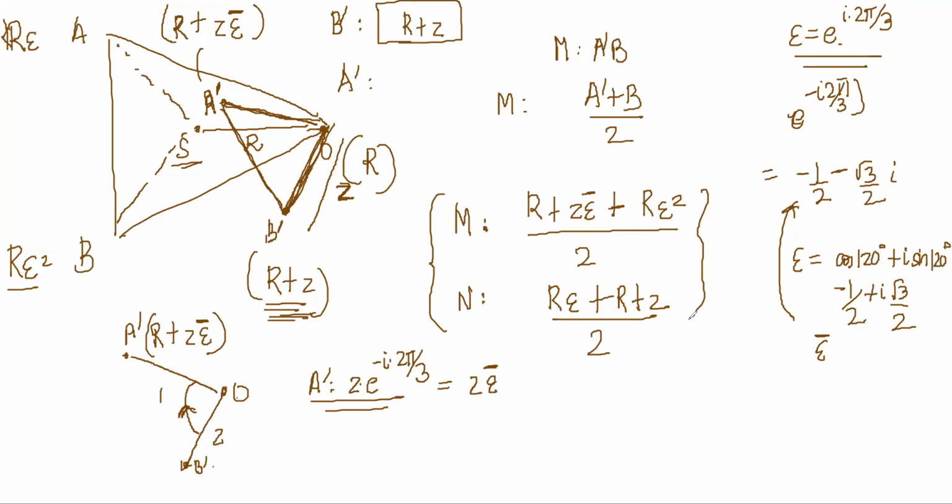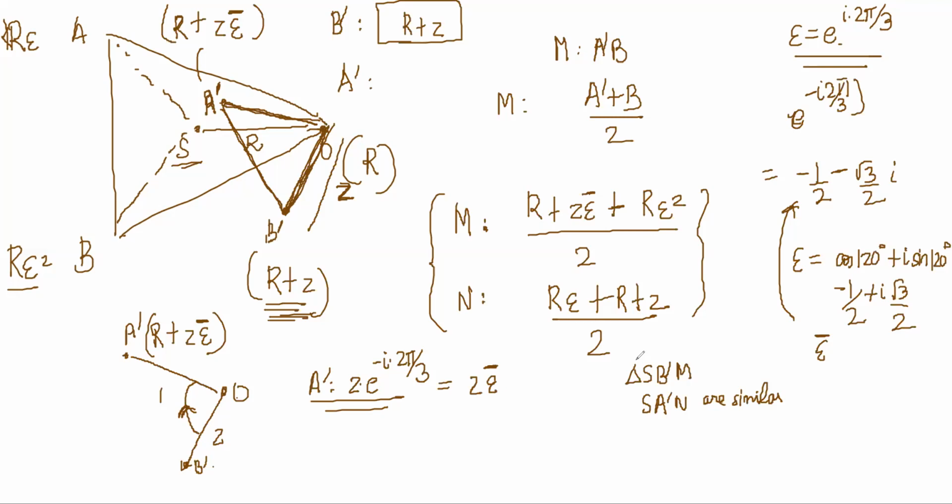And what do I need to find now? I need to prove that triangles SB dash M and SA dash N are similar, right? To prove this similarity, all I have to do is show the complex number for one particular angle should be equal to the complex number for the similar angle there.